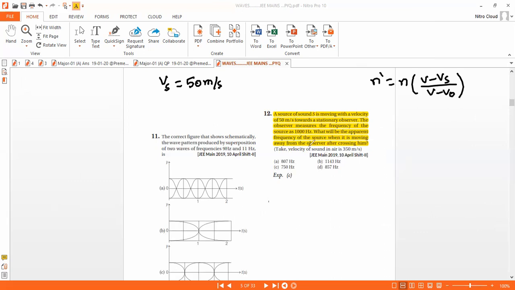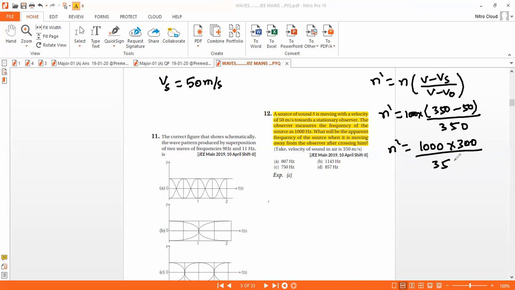What will be the apparent frequency of the source? So 350 minus 50 by 350. 1000 into, so N dash equal to 1000 multiplied by 300 by 350.